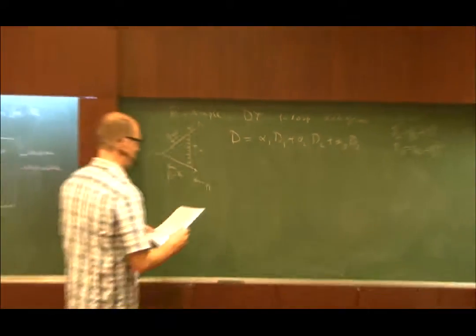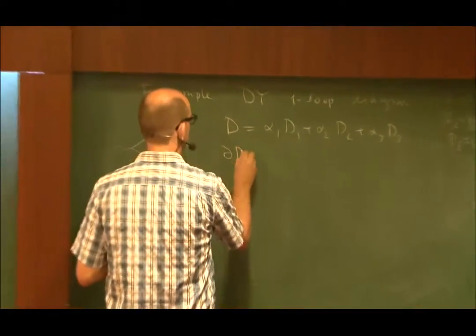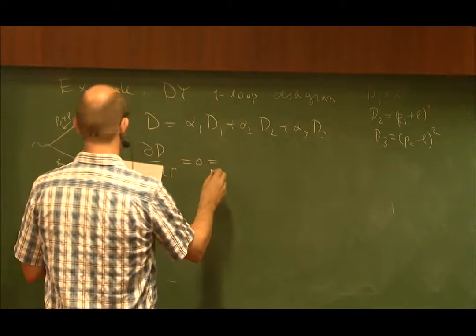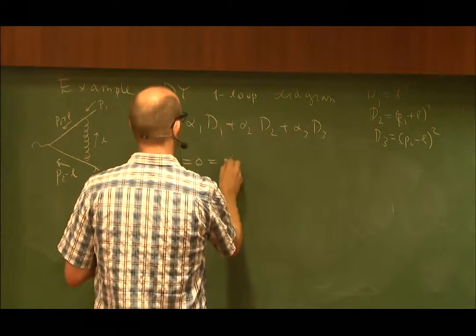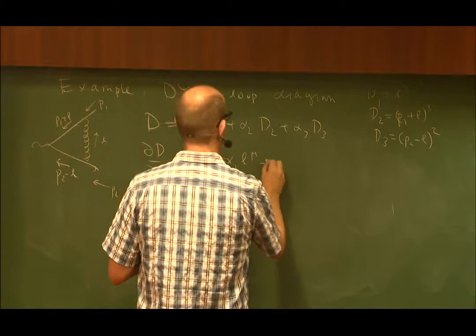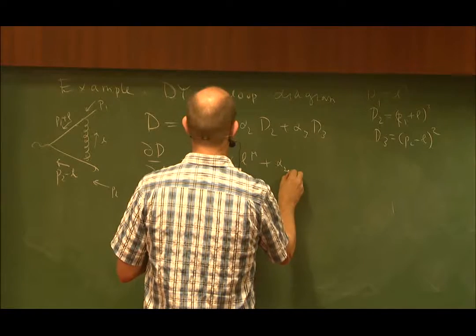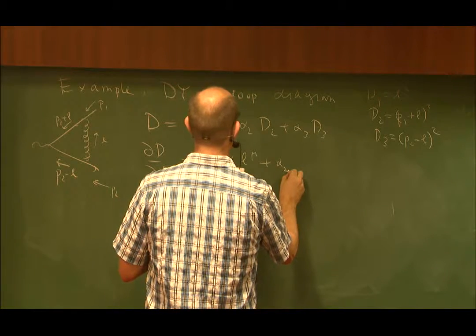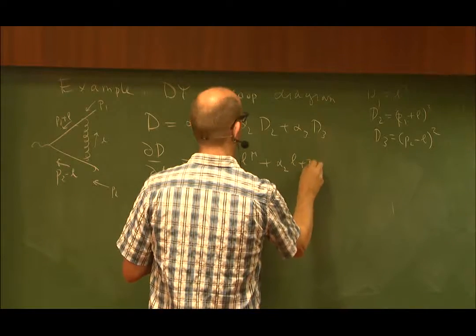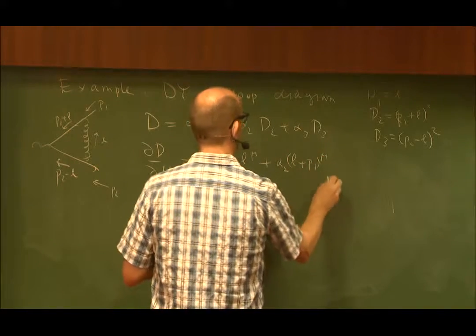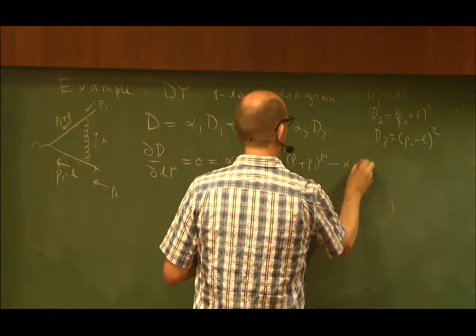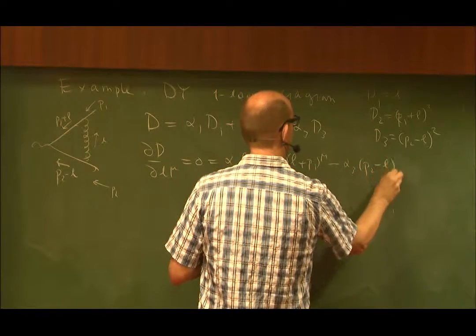derivative condition. We only have one loop momentum, so this derivative is easily computed, and we get alpha 1 L mu plus alpha 2 (L plus P1) mu minus alpha 3 (P2 minus L) mu.